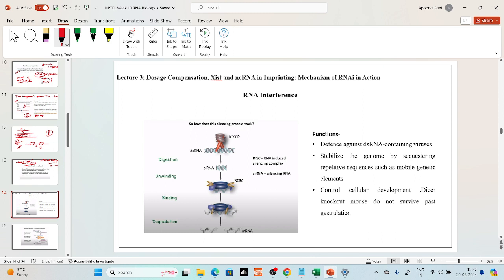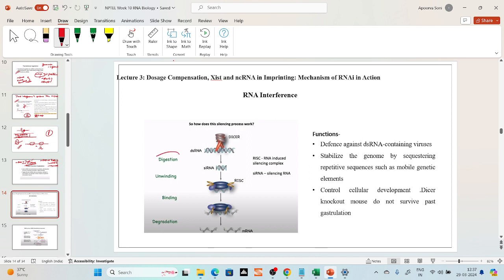Okay. So as we were studying about RNA interference, we'll continue to study about RNA interference. This we have studied previously also. Last week we dealt with how this non-coding RNA is processed and made, and then how it actually does its function of silencing the expression of genes. So here you can see how silencing works. This is your double-stranded RNA. Dicer acts on this double-stranded RNA.